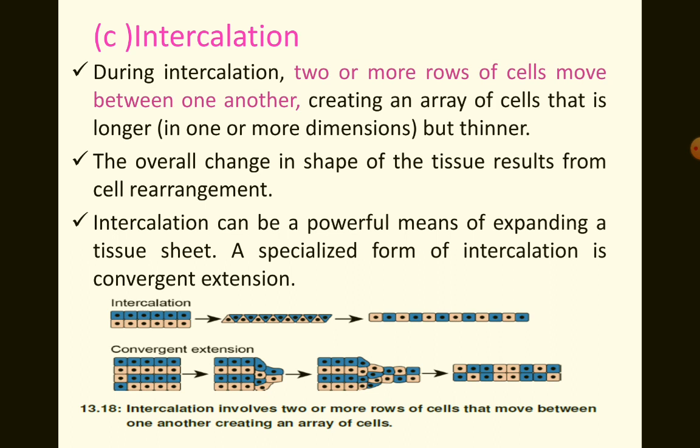This kind of rearrangement of cells is what we call intercalation, whereas convergent intercalation is shown in the second representation, wherein initially you have four layers of cells, and as they converge, it facilitates the movement of cells from the upper and lower layers, and then the middle layers fit in between them, thereby giving rise to a converged extended layer, which is called convergent extension. I hope all these three are clear to you.